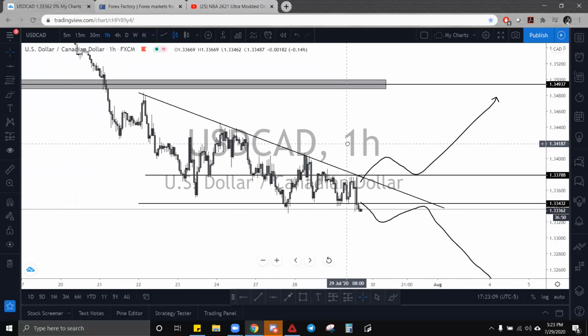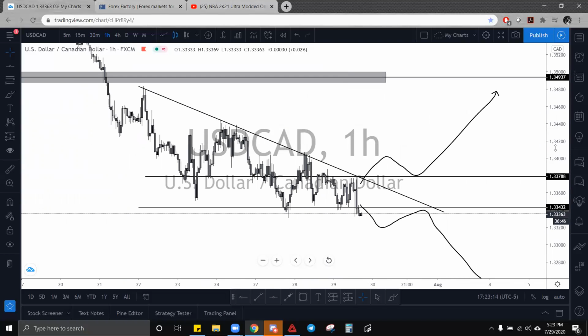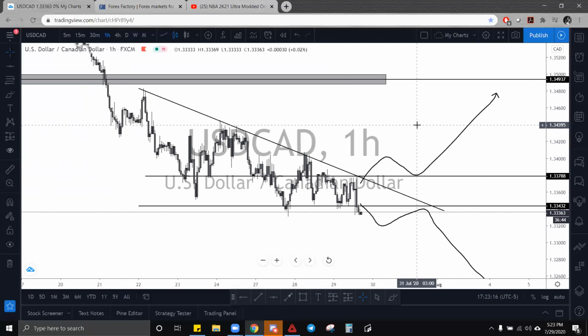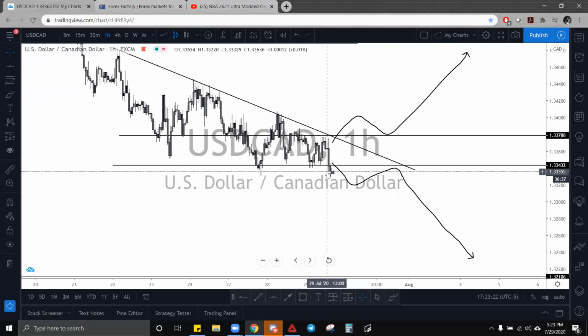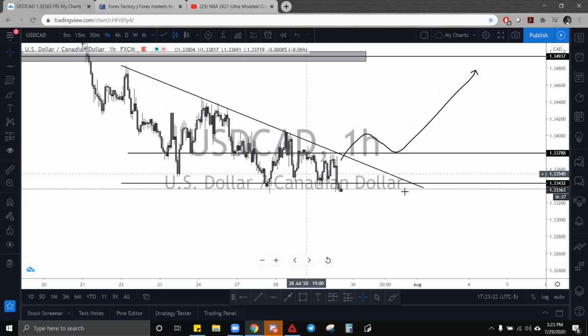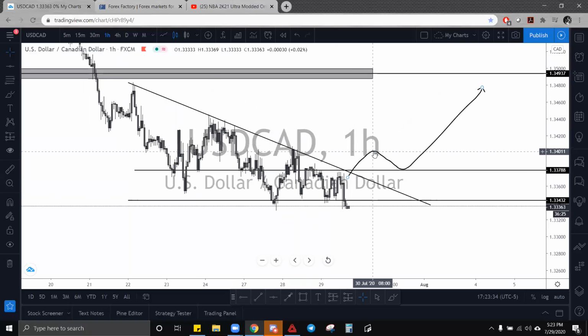That's what I can see right now just from looking at it. So you think it already had the retest? Yeah, but for some reason, man, CAD is moving slow. I don't know what's going on. CAD is moving just so slow.